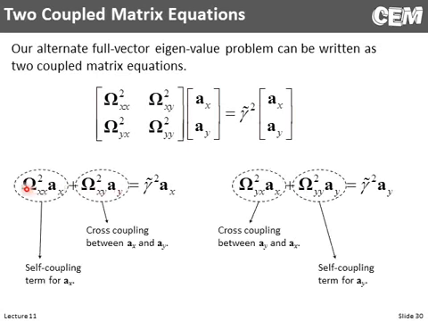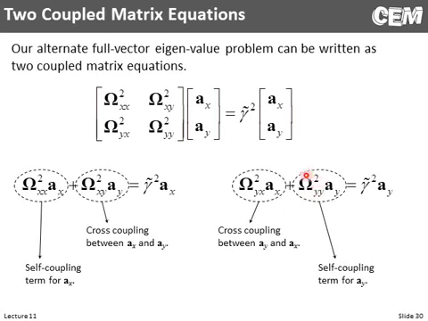If we think of this equation as an equation for a sub x, we see that it is coupled to a sub y through the omega xy term. So we'll call this a cross-coupling term. It's the reason that there is always an ax and ay, because they're coupled. They always have to be that way. This is a self-coupling term. And likewise, we can have our second equation. We would call that the equation for ay.